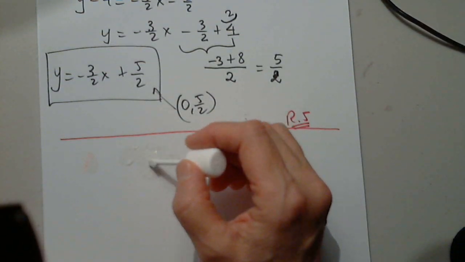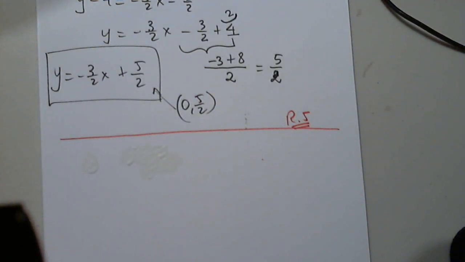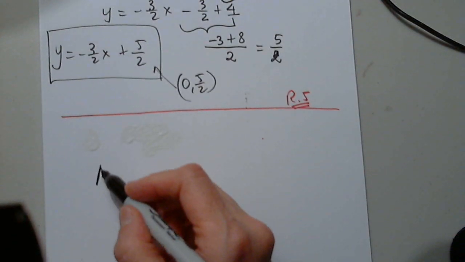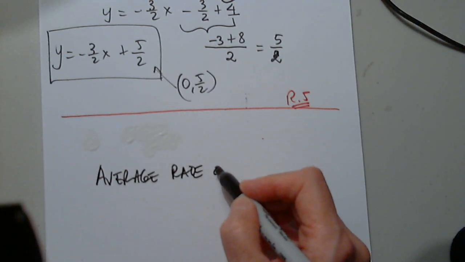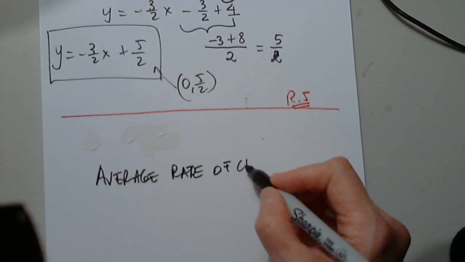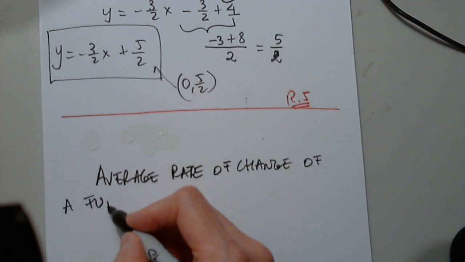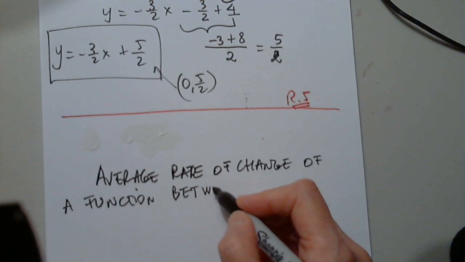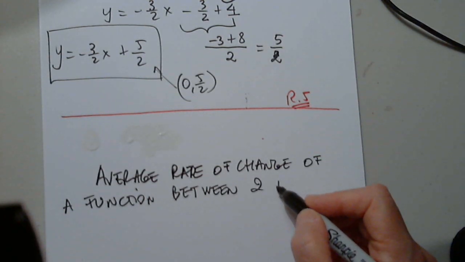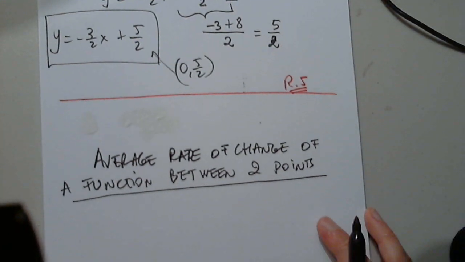And one topic is, that's the basic one, the average rate of change of a function between 2 points. What does it mean, first of all?